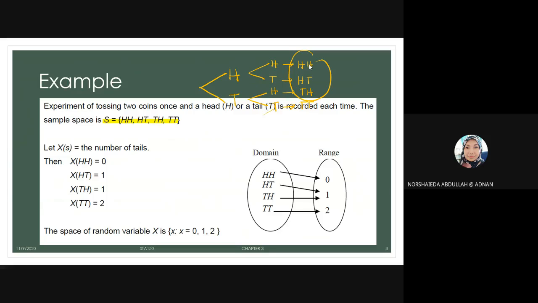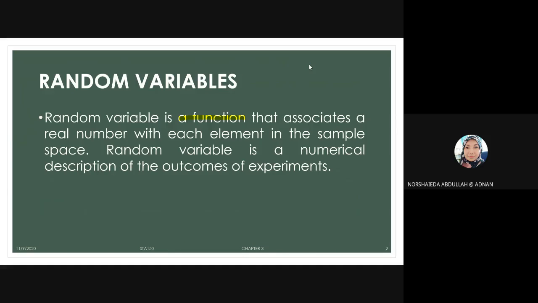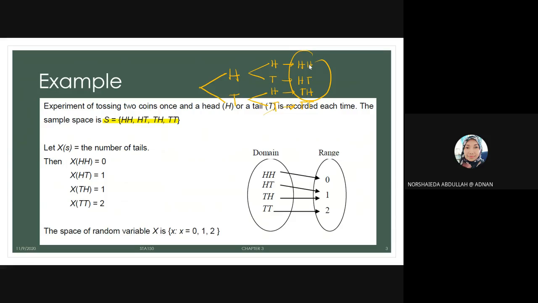So random variable will be the numerical description of the outcome. Okay, so kalau eksperimen biasa kita nak tengok the probability, maybe we want to study the probability or the possibility we will get head, or the possibility that we will get tail as the outcome.